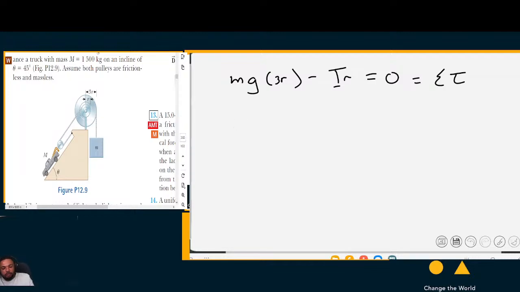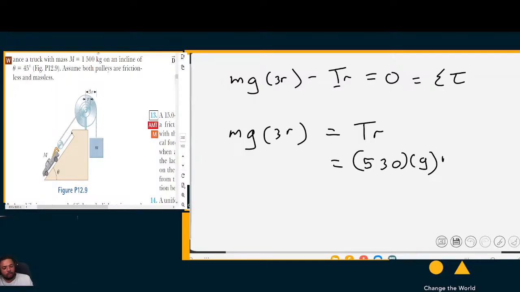We want M. So mg times 3R is equal to the tension times R. We've determined that the tension is 530 times G times R, and that equals M times G times 3R. We can cancel R and G.